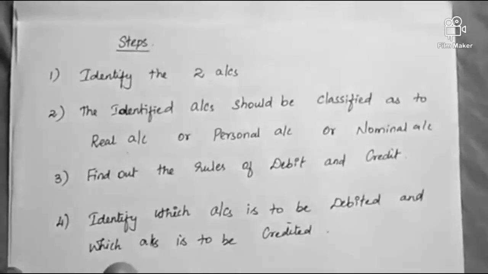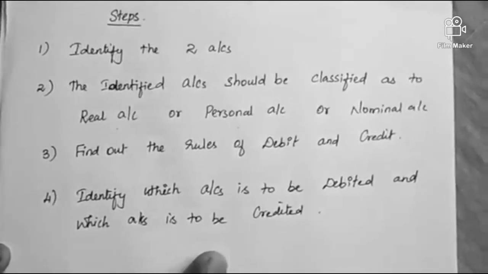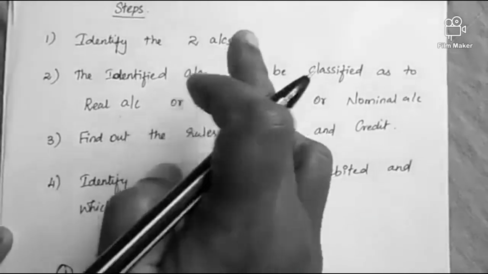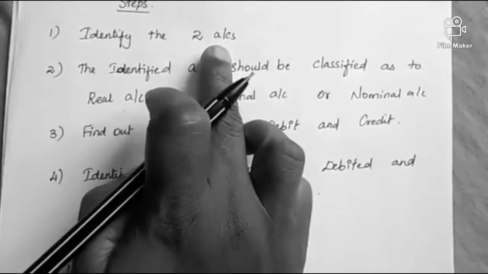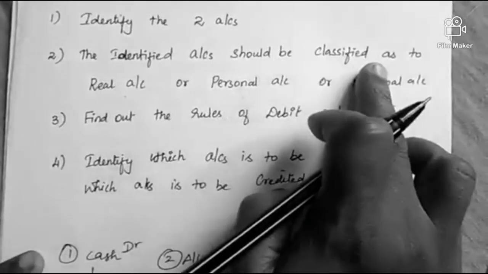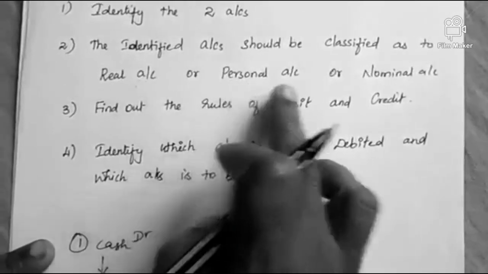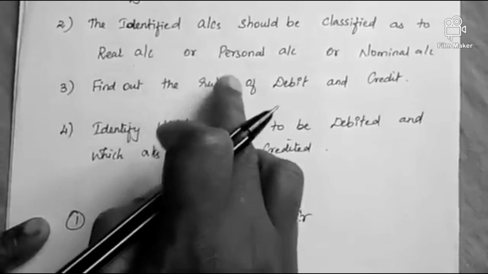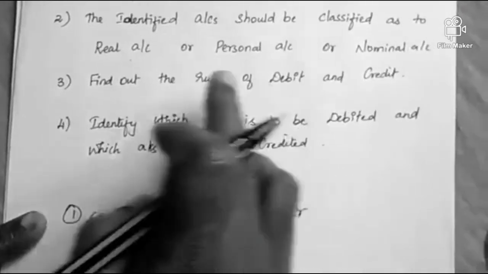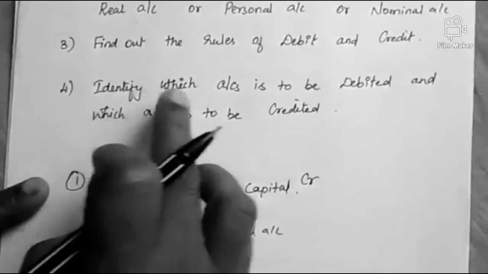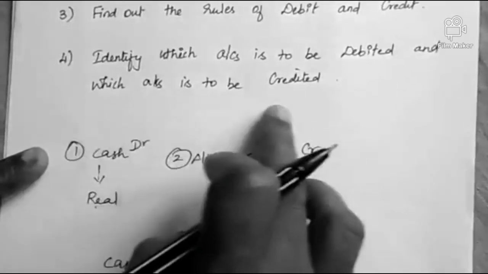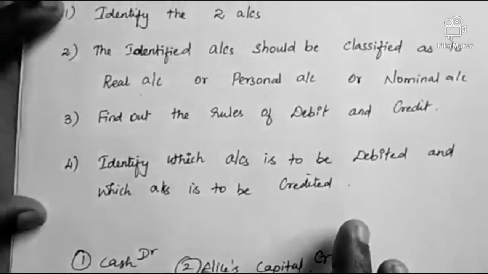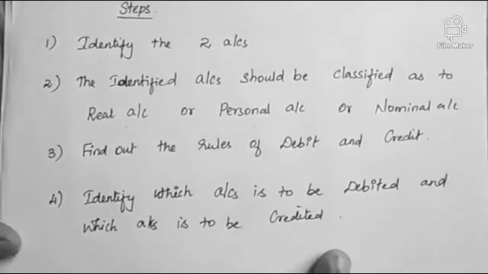These 4 steps are very essential for each and every transaction. First, you need to identify the 2 accounts, that is the debit account and credit account. The identified account should be classified as real, personal or nominal account, and then find out the rules. What is the rule of real account, personal account and nominal account, and according to that identify which account is to be debited and which account is to be credited. With the help of these steps, you will be able to make a journal entry for any transaction. Thank you.